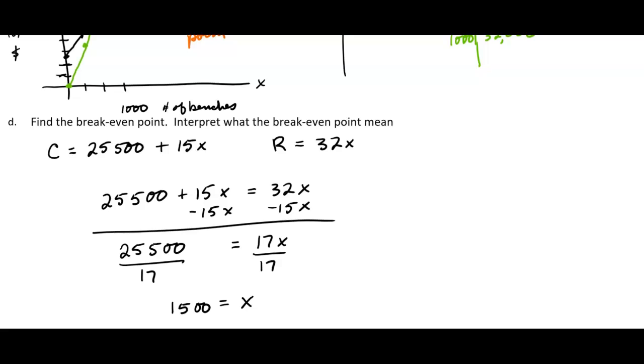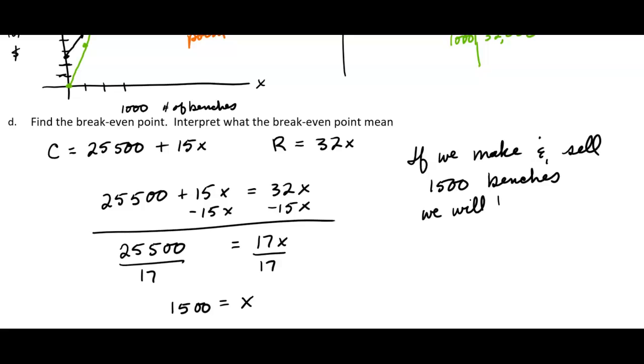Okay, so what does that mean? That's our x, so it means if we make and sell 1,500 benches, then we will cover our costs. We won't make any money, but we'll break even.